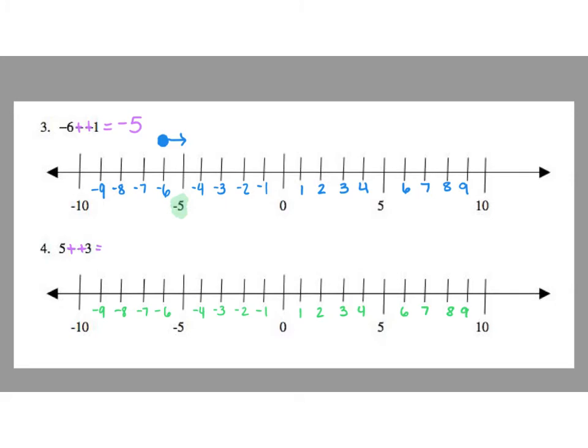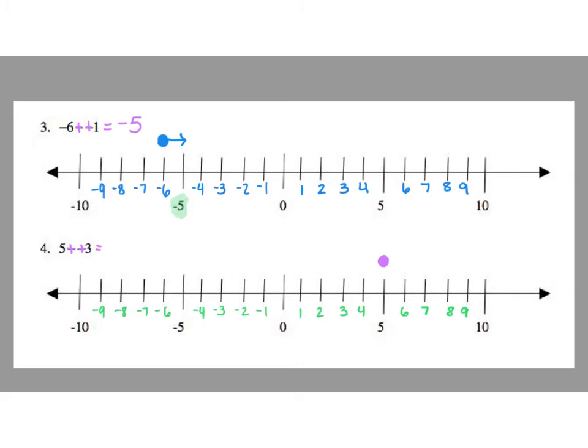So my first number tells me where to start, so I'm going to plot my point at 5 on the number line, positive 5. And then I see the plus sign, so I'm going to move to the right, to the positive direction on the number line. And that second number is 3. So it tells me how many units to move.